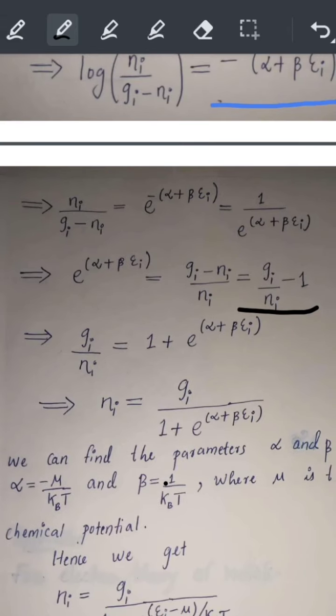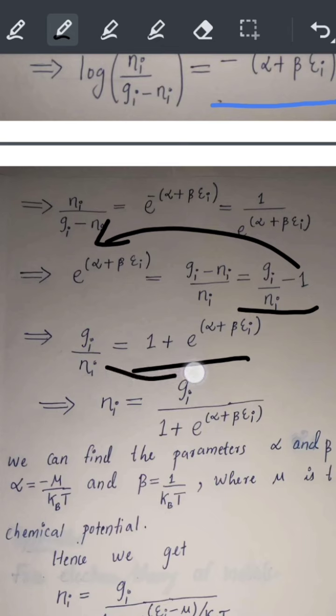And if I put this 1 on the LHS, I get 1 plus e to the power alpha plus beta ei is equal to gi over ni. And from this equation you can simply write ni by taking ni to the numerator of the RHS: ni is equal to gi over 1 plus, this thing coming downward, e to the power alpha plus beta ei.